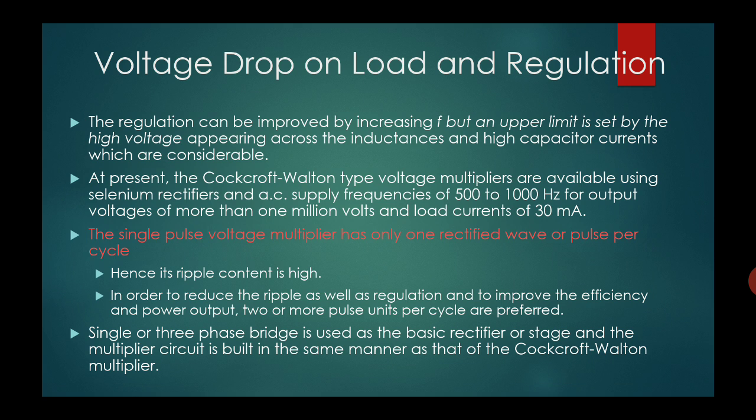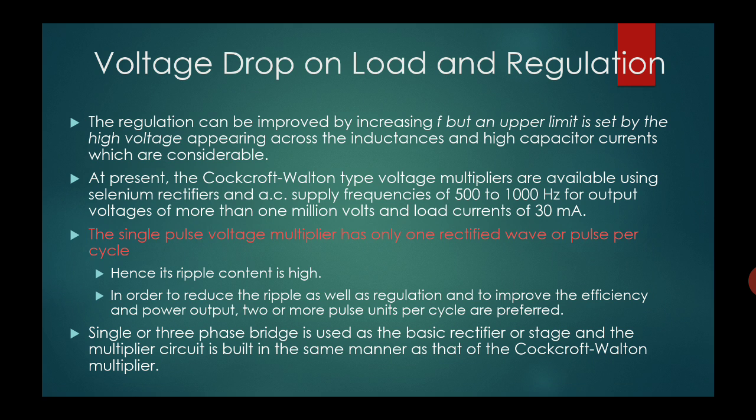So present day Cockcroft-Walton type voltage multipliers use selenium rectifiers with a supply frequency of 500 to 1000 Hz, and they can create a voltage of more than 1 million volt, but with a load current of 30 milliamperes. The single pulse voltage multiplier has only one rectified wave or pulse per cycle.